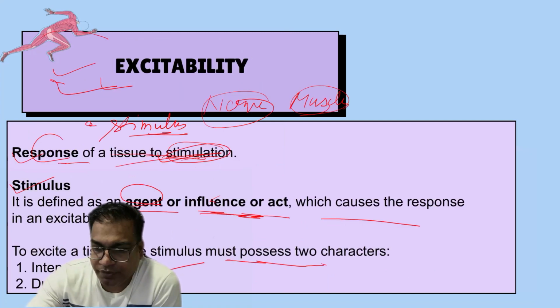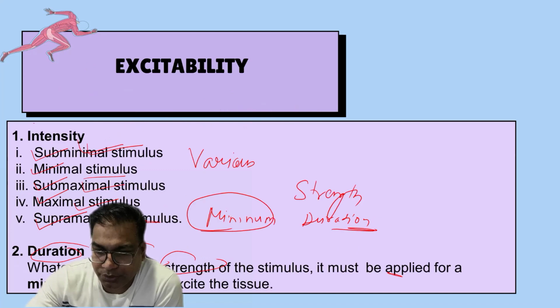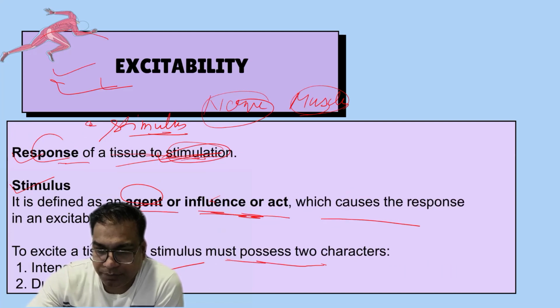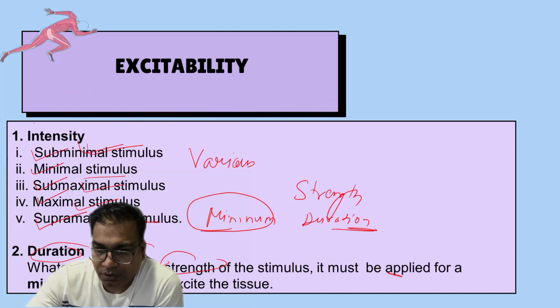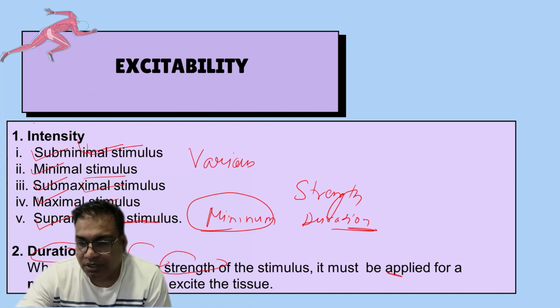In case of excitability, we discussed the stimulus and the properties shown by the stimulus, intensity and duration. Intensity is also called strength. The intensity of stimulus could be at various levels. This intensity should be applied for minimum time as well.